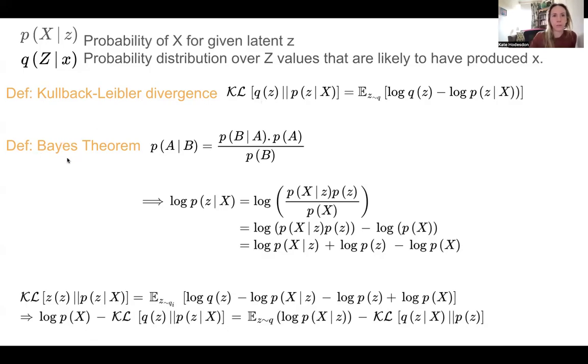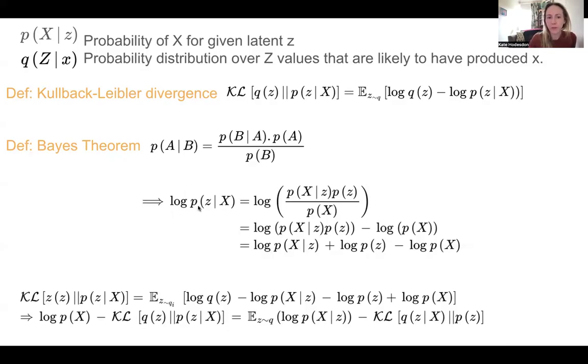Our second definition is Bayes' theorem. So, a very core principle of probability theory. And the reason why I'm showing you these is because you can use Bayes' theorem to rearrange this statement of KL divergence into a form that's going to be helpful. So what I have here is just a little bit of algebraic manipulation of Bayes' theorem, starting by taking logs of each side and then distributing the logs through.